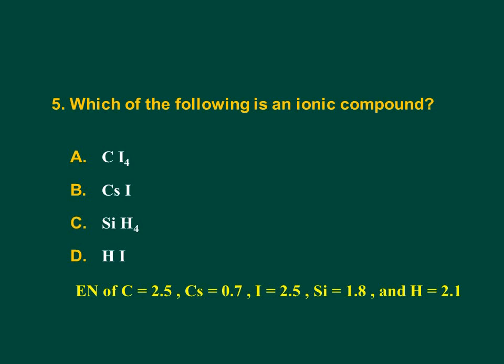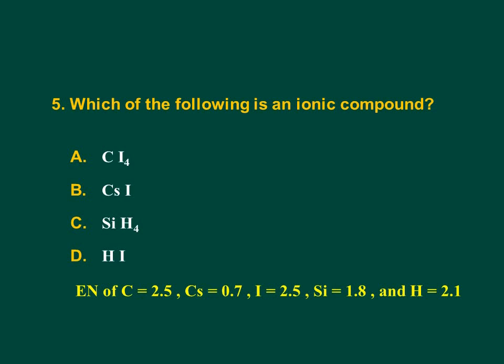How can you find that this bond is ionic or polar covalent or non-polar covalent? You will find the difference in electronegativity between the atoms that form the molecule or the compound.